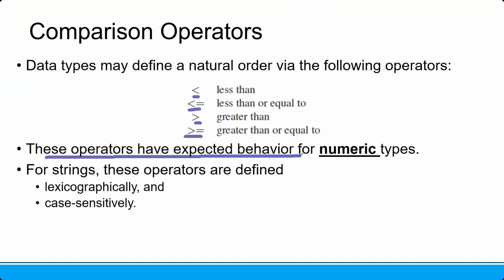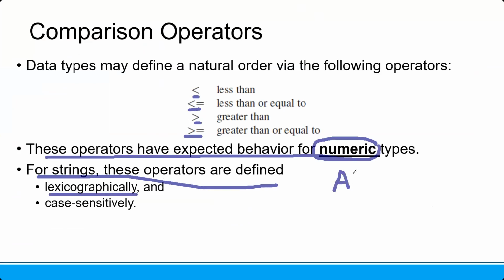These operators have expected behavior for numeric types, on numbers. But later we will have some examples for strings. For strings, these operators are defined lexicographically. Do you know lexicography? It is based on the ASCII code.